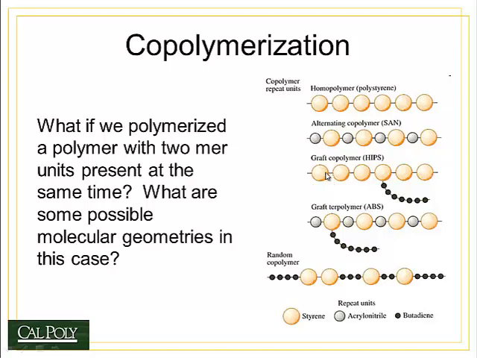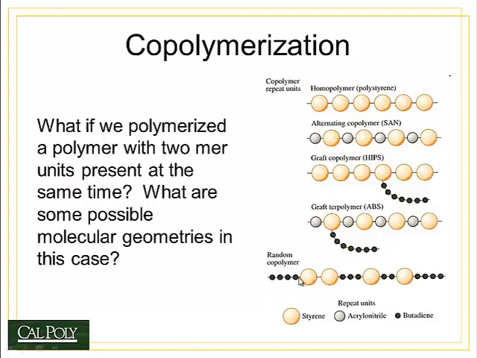You can have a graft copolymer where you have a styrene molecule with another chain of mers coming off the side. That would be a grafted branch. You could have a graft terpolymer, which is what ABS, or acrylonitrile butadiene styrene, is. In this case, you have styrene and acrylonitrile alternating, as with SAN, but you also have the short chain of butadiene coming off the side.